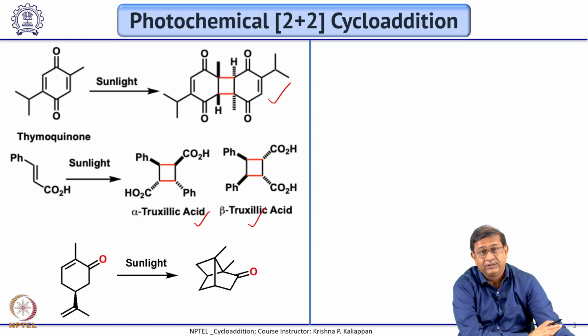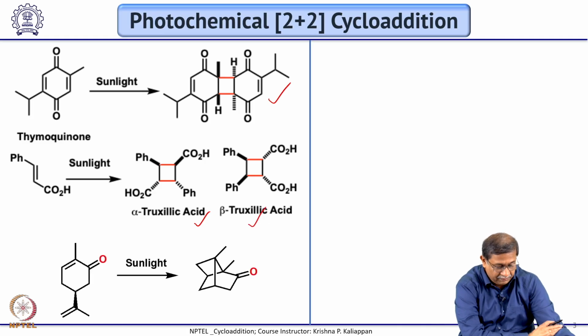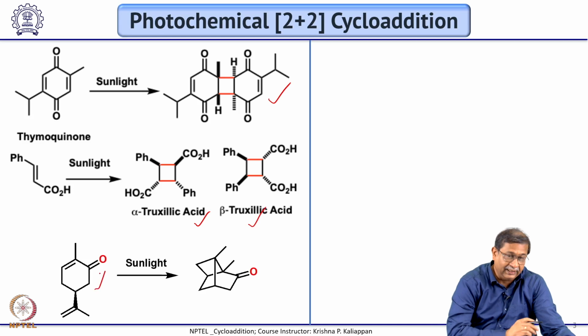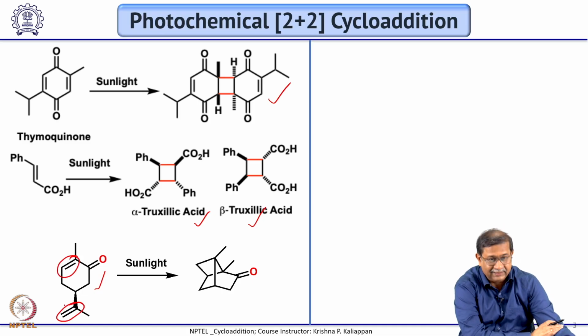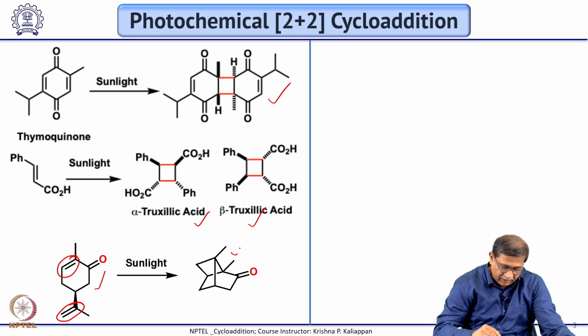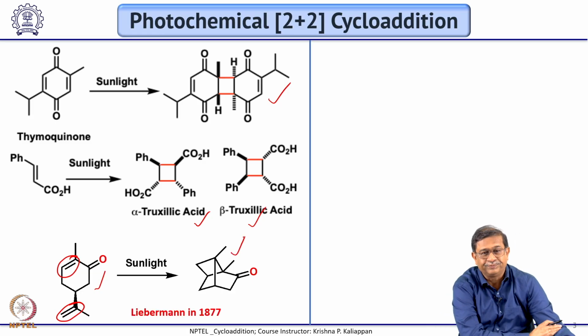Intramolecular 2+2 cycloaddition was also reported way back. For example, when you take carvone, it can undergo an intramolecular 2+2 cycloaddition between the disubstituted alkene and the trisubstituted alkene to form this tricyclic compound. This was reported way back in 1877.